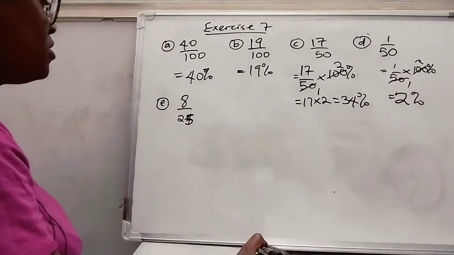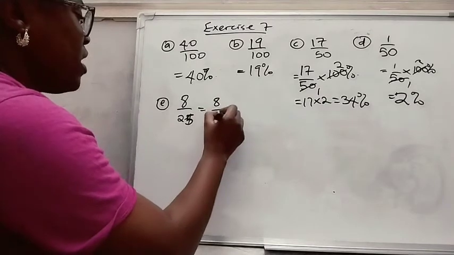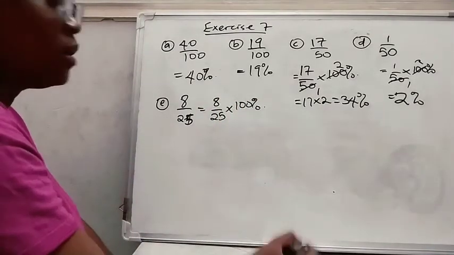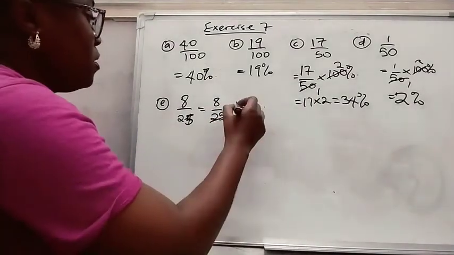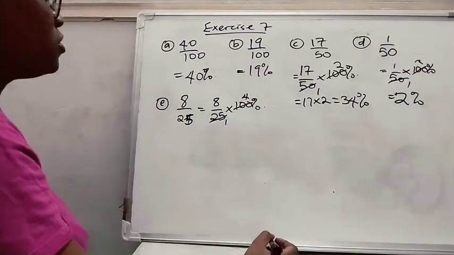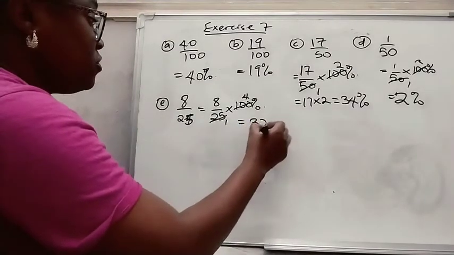Converting this to percentage, what do we have? We have 8 over 25 times 100%. 25 will go into 25 1 time. 25 will go into 100 4 times. So 8 times 4% gives us 32%.